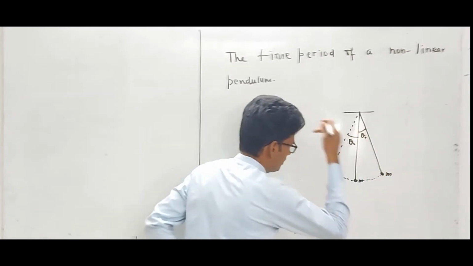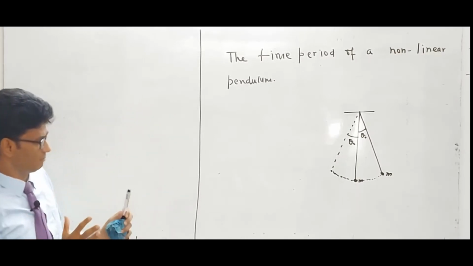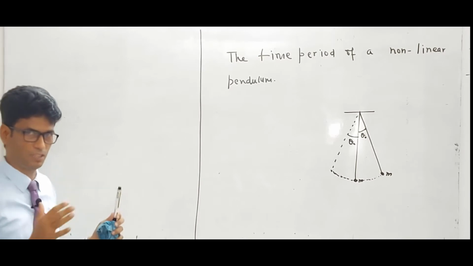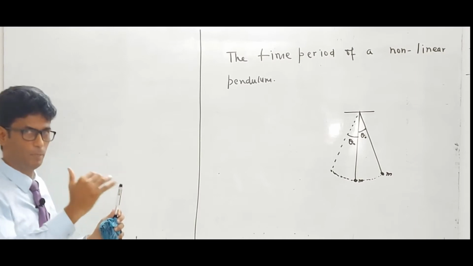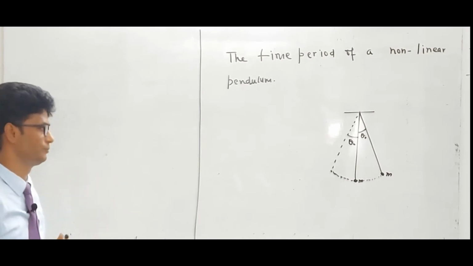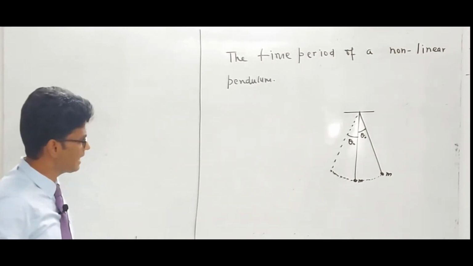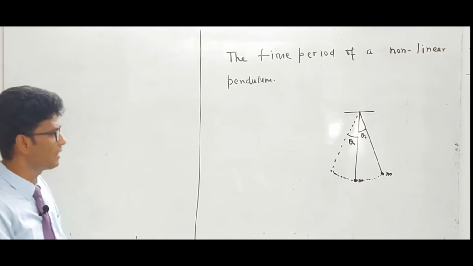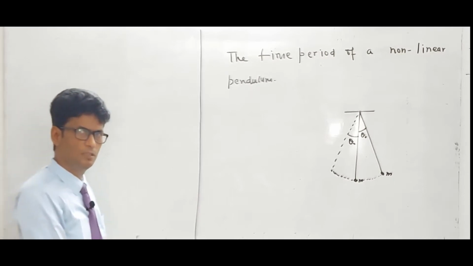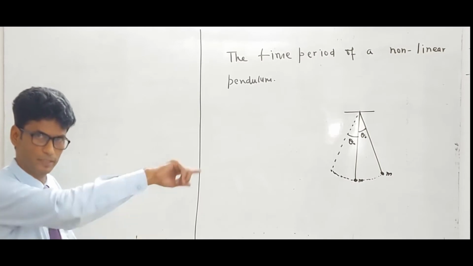So as in the first case, in case of a linear pendulum, because we are taking the mechanical way to understand the time period of a non-linear simple pendulum, we have taken the torque of all the forces acting on the bob of the pendulum about a suspension point, that is the peg, the fulcrum, about which it oscillates.